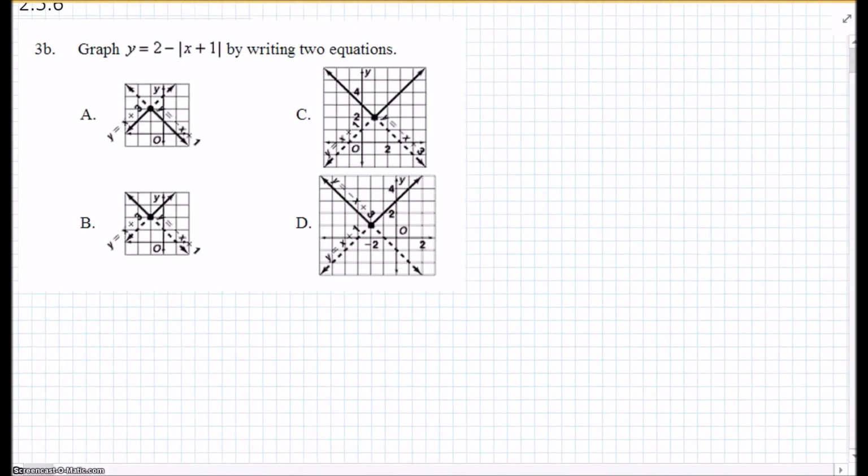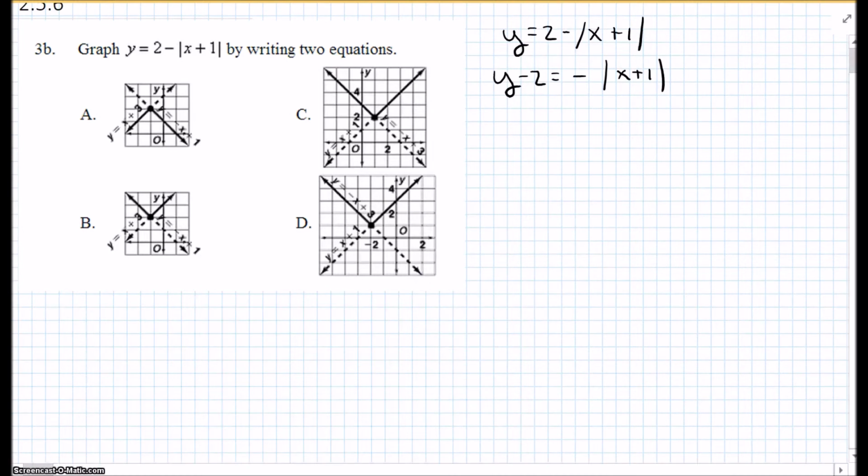Okay, graph y equals 2 minus the absolute value of x plus 1 by writing two equations. So let's write the original equation. y equals 2 minus absolute value of x plus 1. Okay, so let's subtract 2. So we're going to get y minus 2 equals negative absolute value of x plus 1.